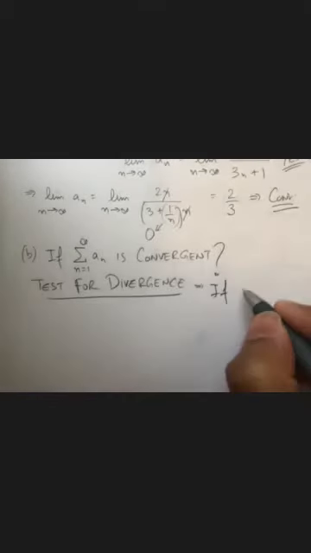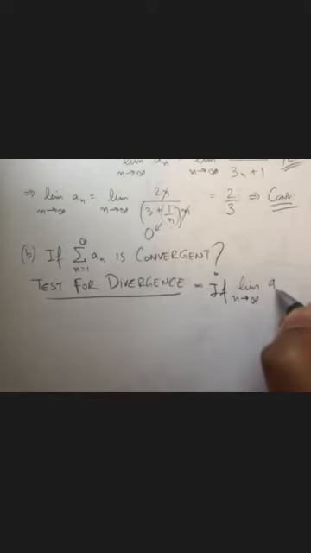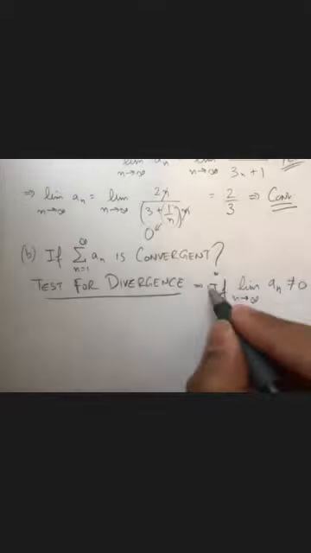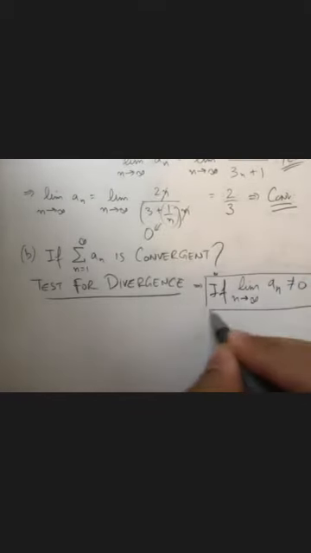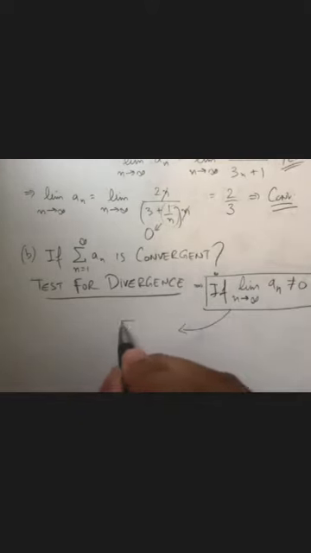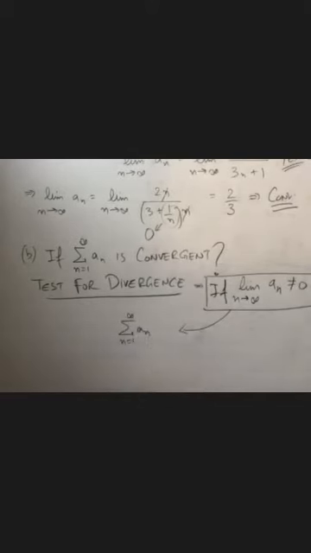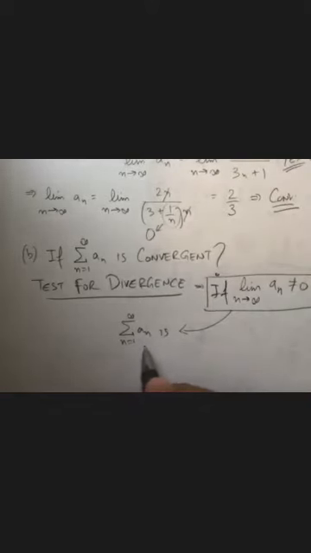If the limit as n goes to infinity of a_n is not equal to 0, then this means the series is divergent.